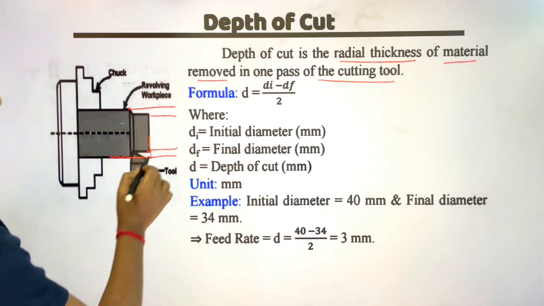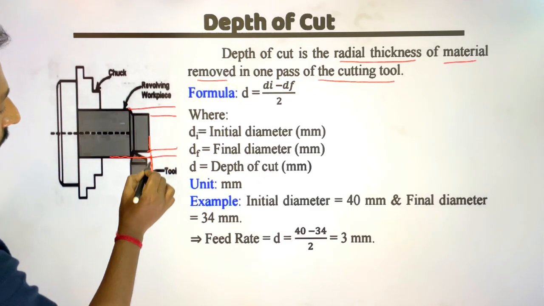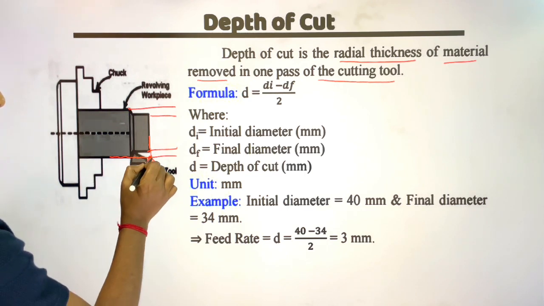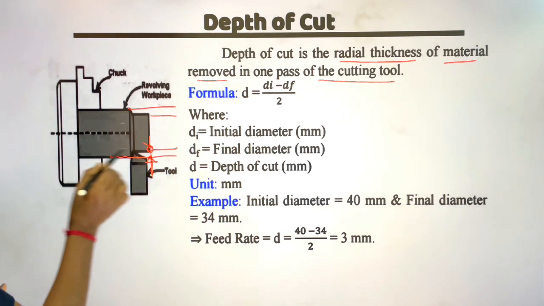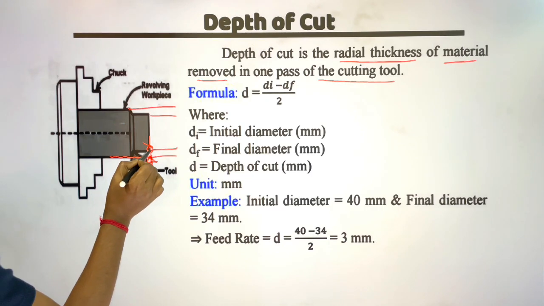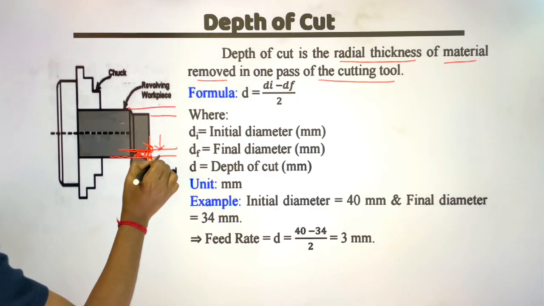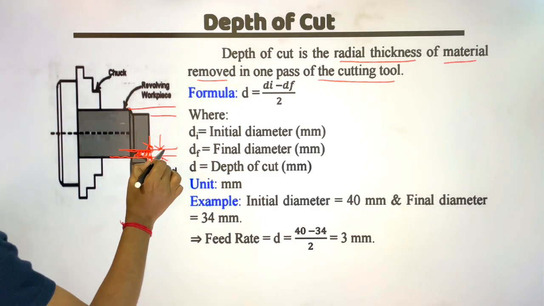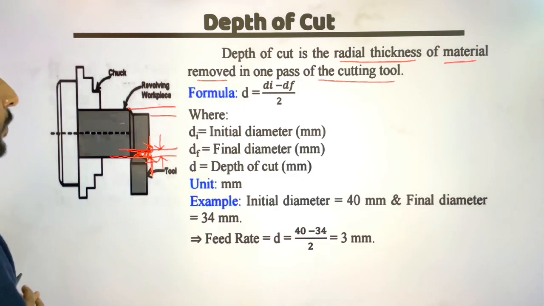What is one pass? When the tool is positioned in its initial position and we forward this tool from this point to this point, the material is removed, and this thickness will be the depth of cut, because this amount of material is removed by one pass of the tool.